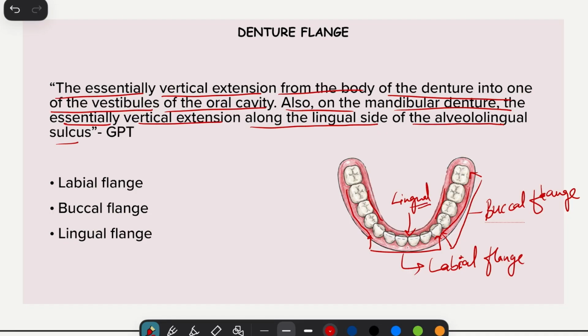So the flange is divided into three: the labial flange, the buccal flange, and the lingual flange. The portion towards the lip is the labial flange. The portion towards the mucosa of the cheek is the buccal flange. And the portion towards the tongue is the lingual flange.